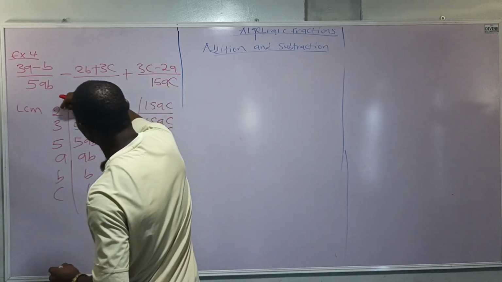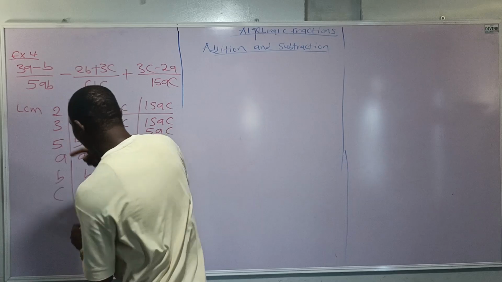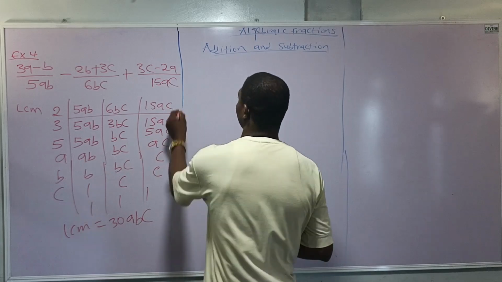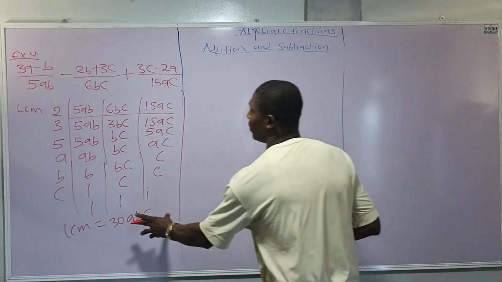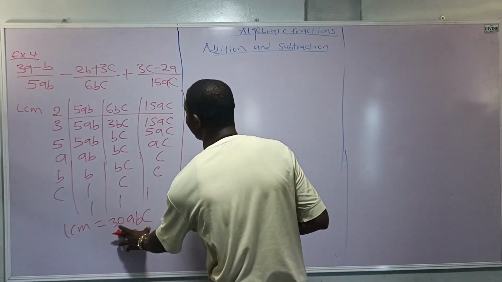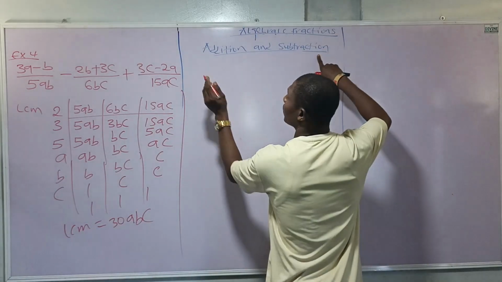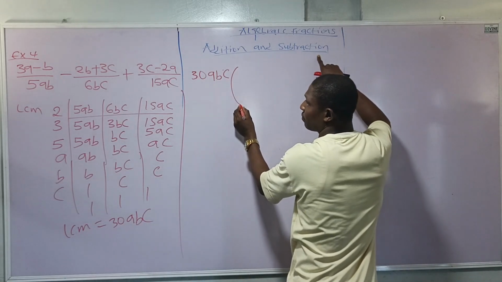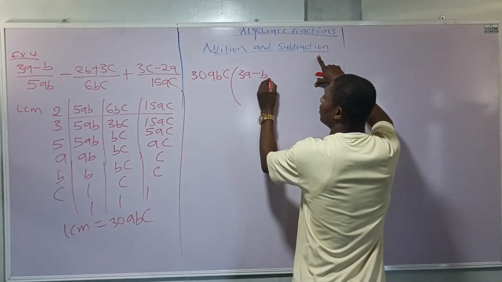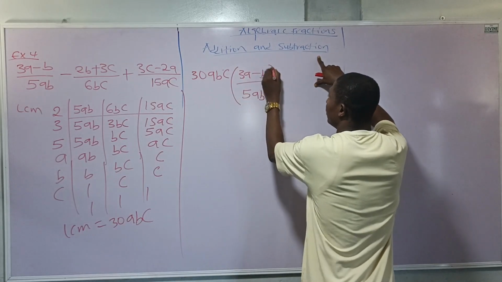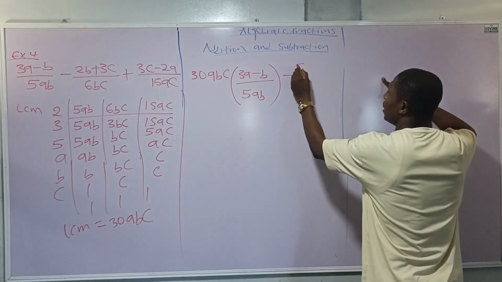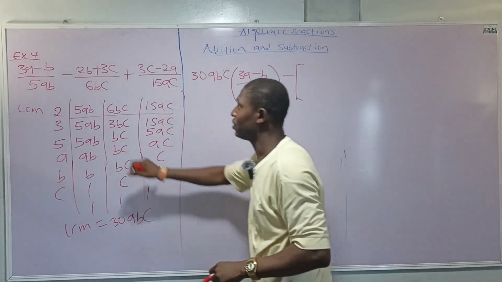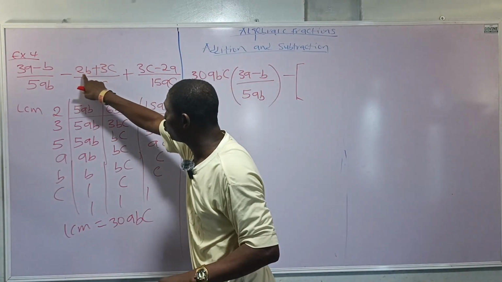So my LCM will be 2 times 3 is 6, 6 times 5, 30. So I have LCM to be equal to 30abc. Now I'll use my LCM again to multiply each term, all divided by the LCM. So I have 30abc in brackets 3a minus b all over 5ab, close brackets, minus, here I'll use a square bracket, because if I do not, then the negative sign will only affect 2b.